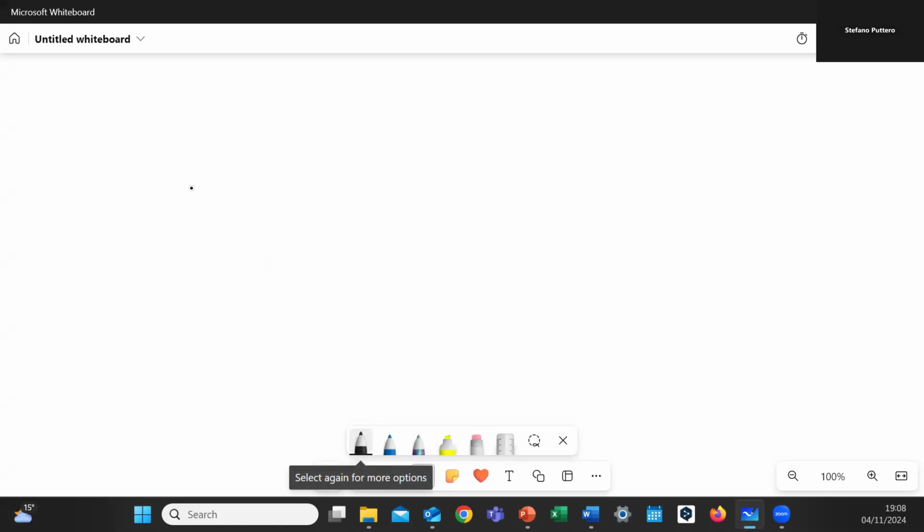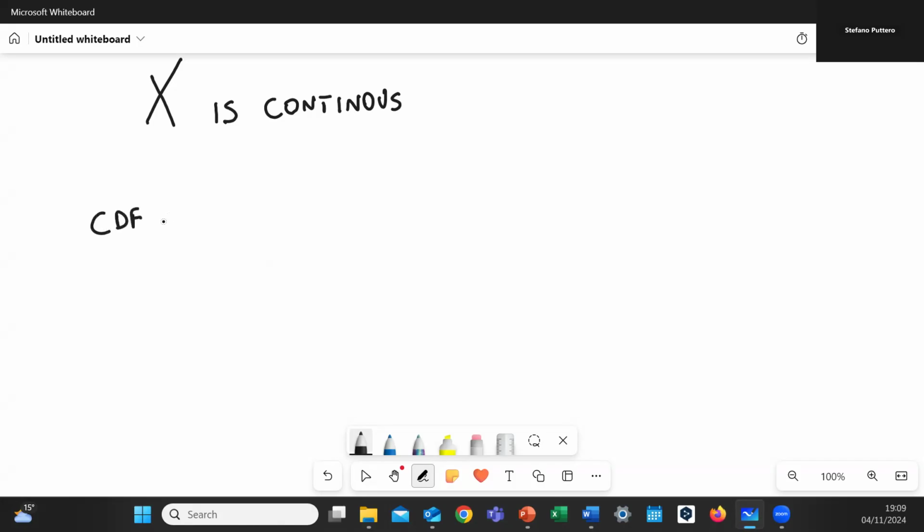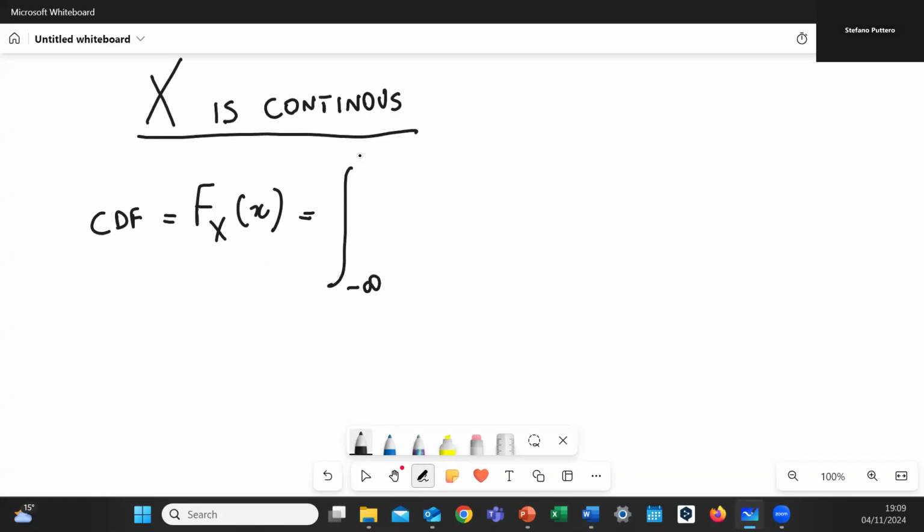If X, uppercase X, our random variable, is continuous, the CDF, cumulative distribution function, FX of x, is equal to the integral between minus infinity and x of fX of u du.